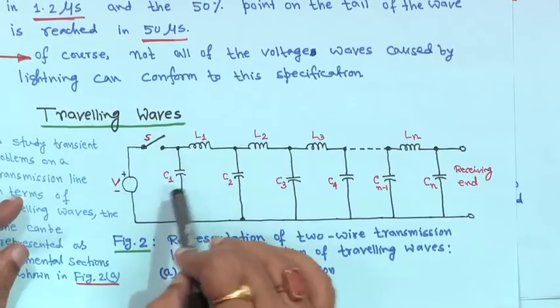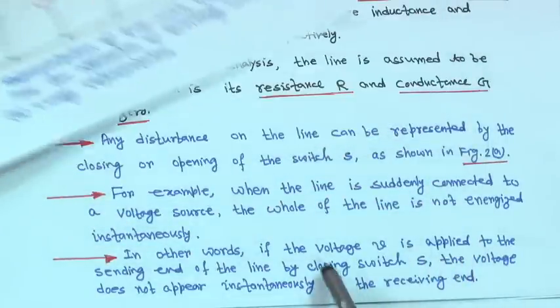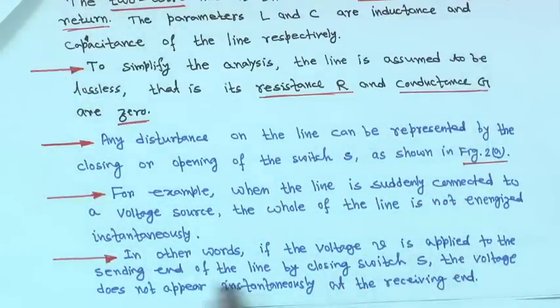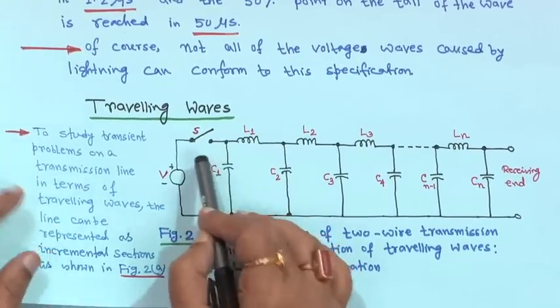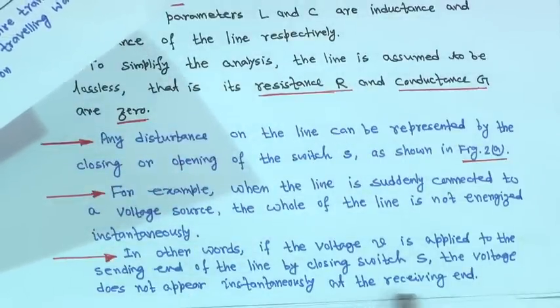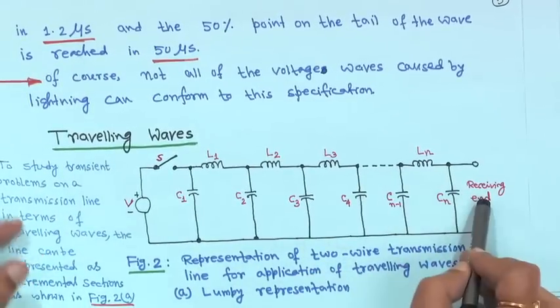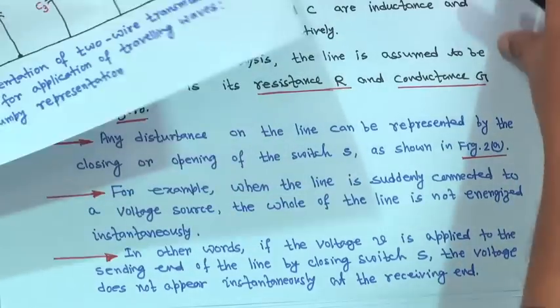I told you, if you close it, the whole of the line cannot be charged instantaneously. In other words, if the voltage V is applied to the sending end of the line by closing the switches, the voltage does not appear instantaneously at the receiving end. I told you it will not appear immediately; it will travel, right.